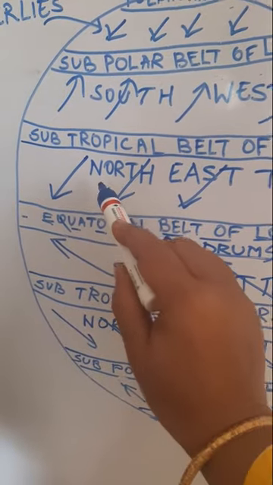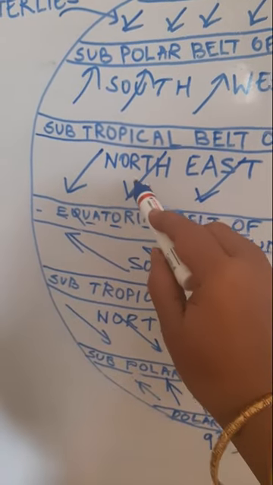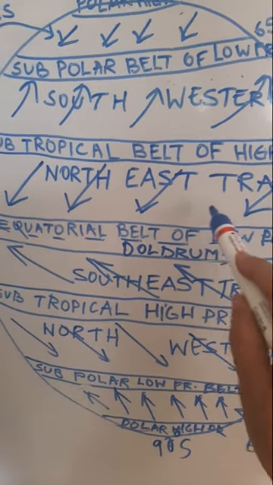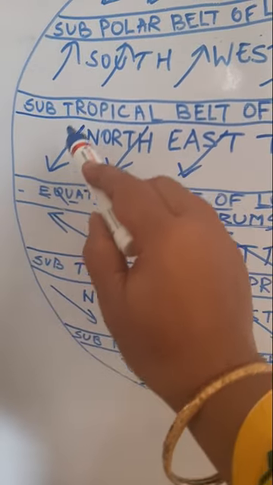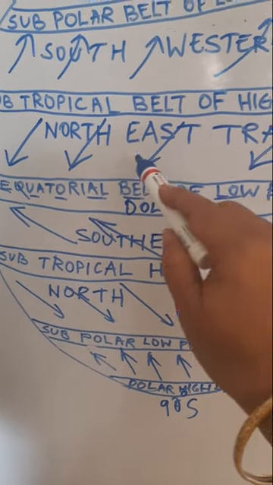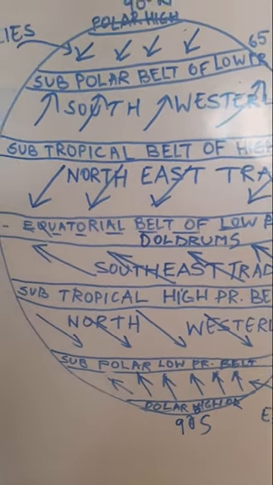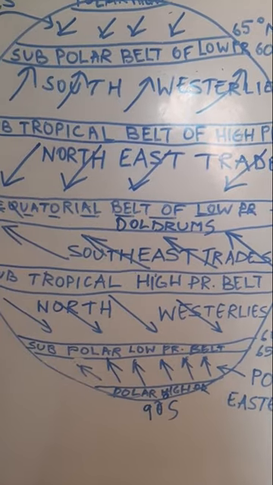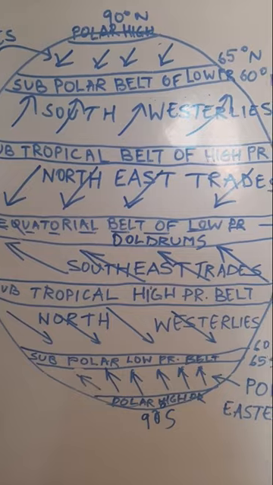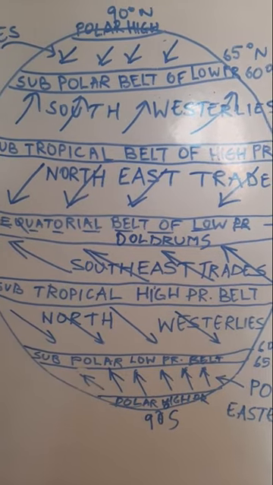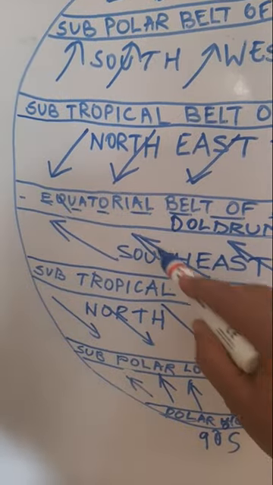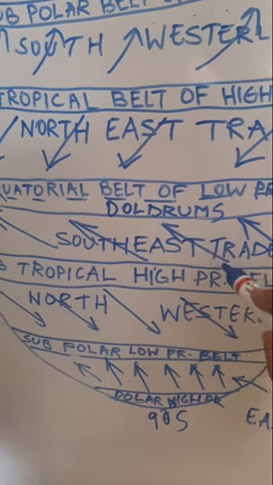So here north of the equator you will write northeast trades. The direction of the arrow will be towards the equator at a certain angle. The wind is blowing from the northeast, and so it is northeast trades. Similarly, south of the equator, these winds are again drawn at an angle.